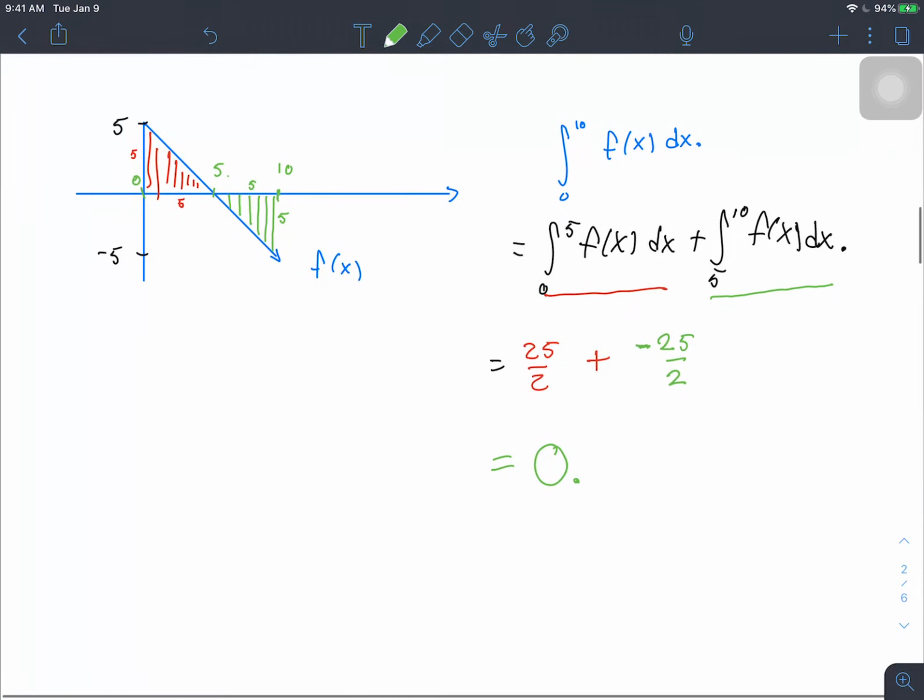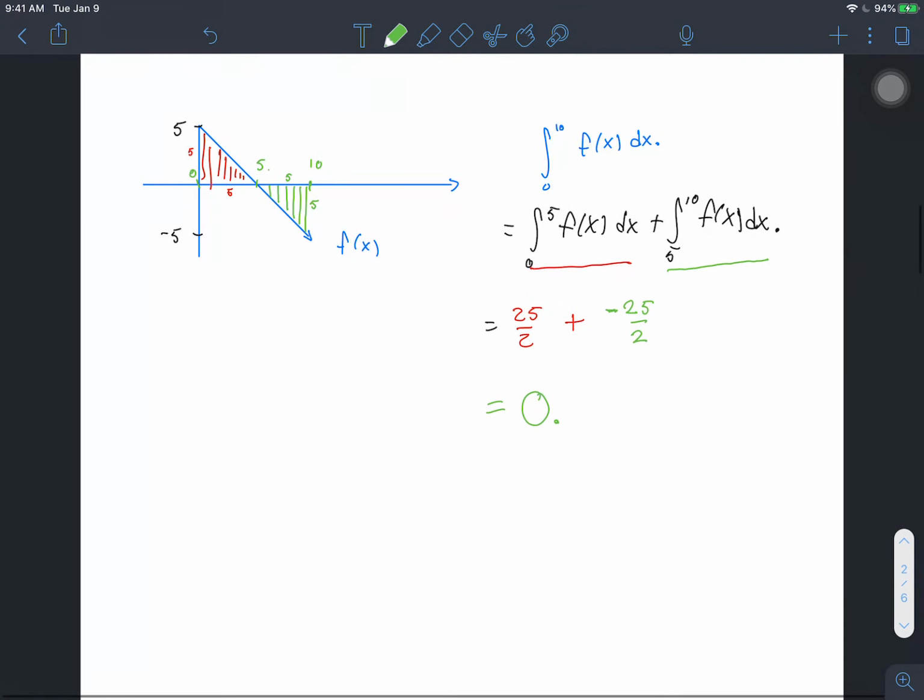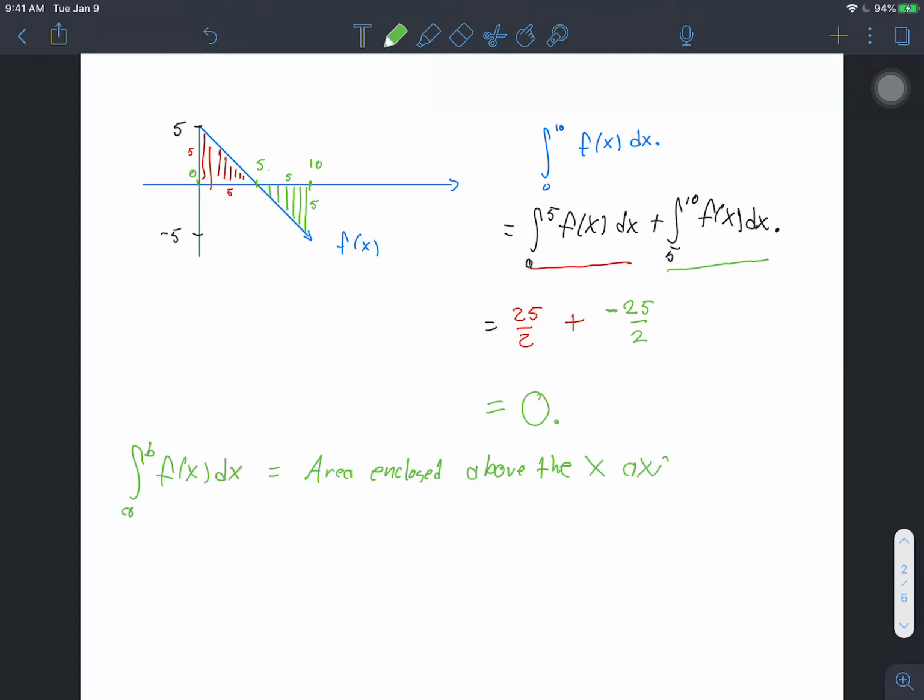So, we can expand our understanding of the integral from a to b of f of x dx as being equal to the area enclosed above the x-axis minus the area enclosed beneath the x-axis.